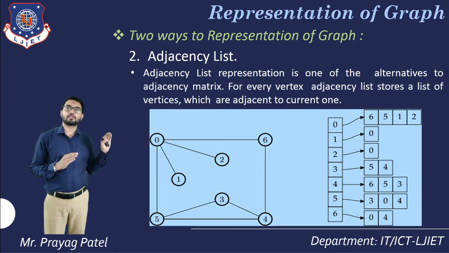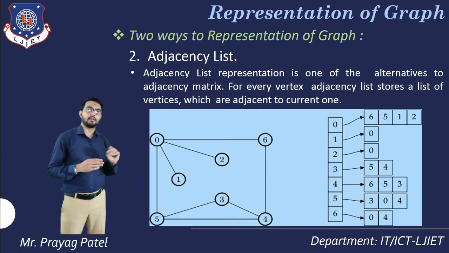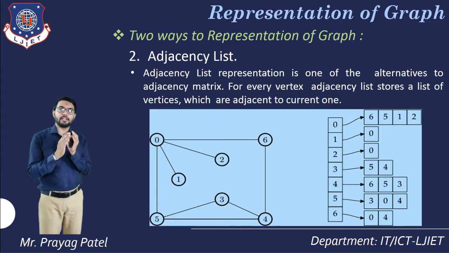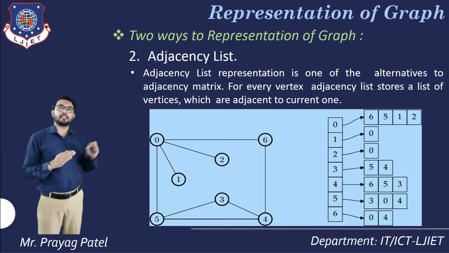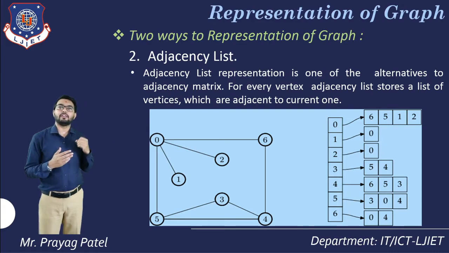Here consider that nodes 0 to 6 are available. So the first column is from 0 to 6. In the 0 to 6 column, initially for the 0 row, consider which nodes are connected with node number 0. So here, in this figure, node 0 is connected with 1, so write the 1, then the second connected with 2, then connected with 6, then connected with 5.